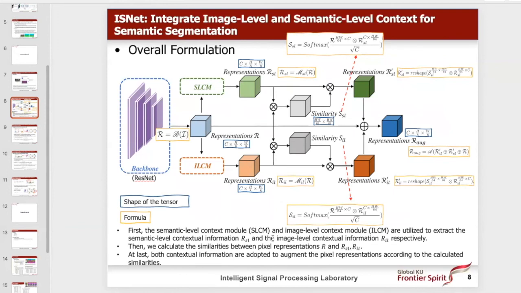If you choose either ILCM or SLCM, your network is cut in half complexity-wise, or at least by a third, because you have R, then ILCM and SLCM.